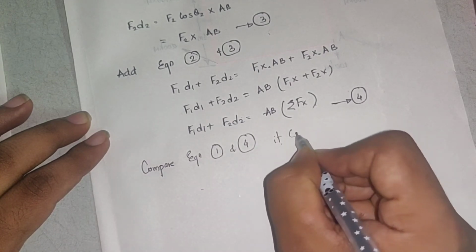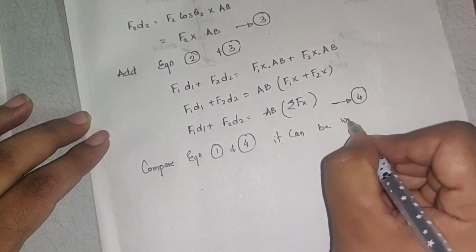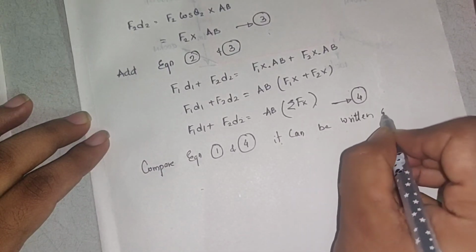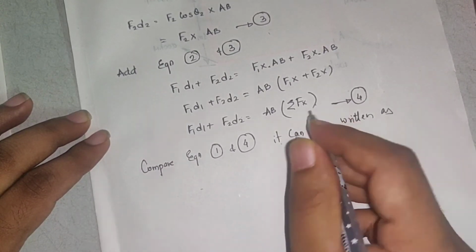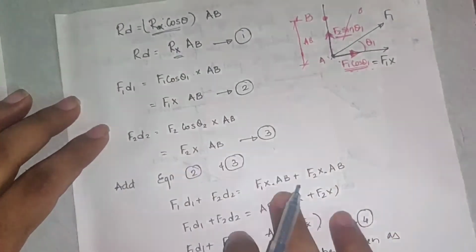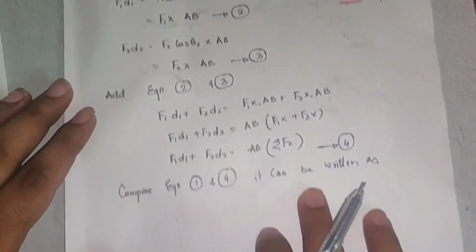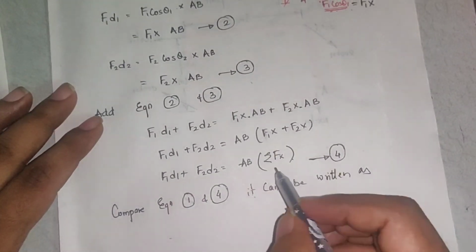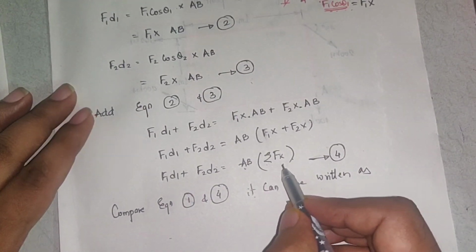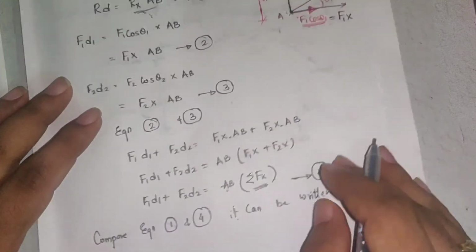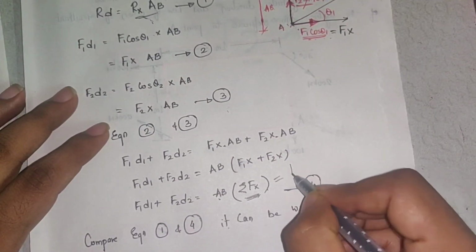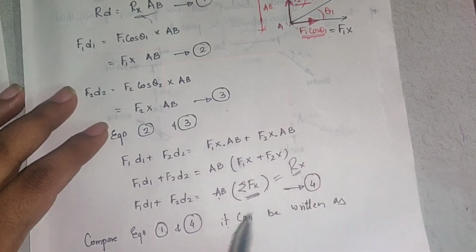So what is equation 1? Equation 1 is Rx into AB. What is equation 4? It is AB into summation Fx. What is summation Fx? The sum of all the forces in the X direction is nothing but the resultant of all the forces in the X direction.